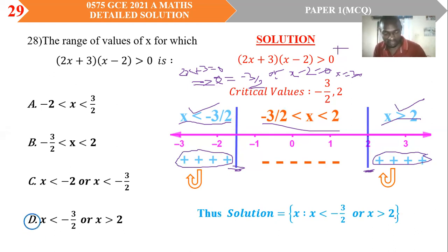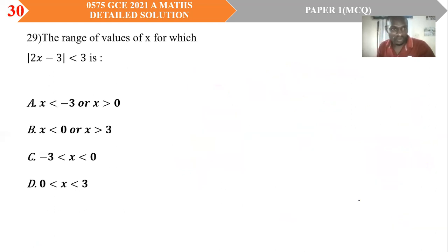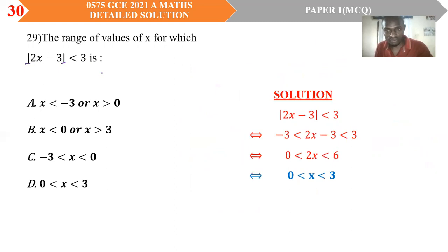Answer D. Next question: the range of values of x for which the inequality, this is now an absolute value inequality, the absolute value of 2x minus 3 is less than 3, is the solution. The absolute value of 2x minus 3 is less than 3 if and only if, to remove this absolute value, we bring in negative 3 here and maintain 3 here.